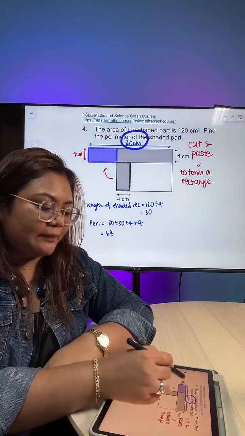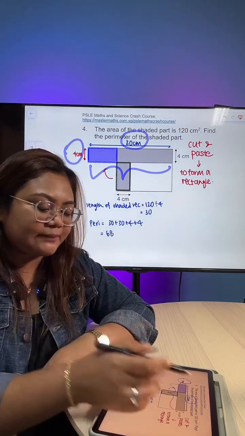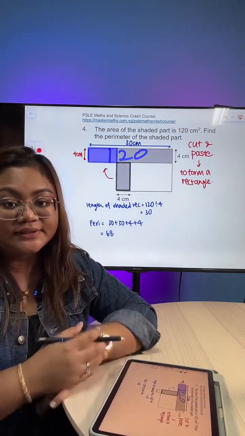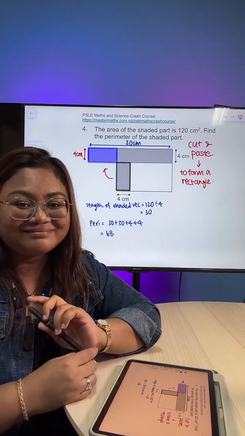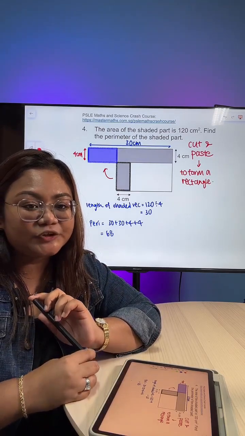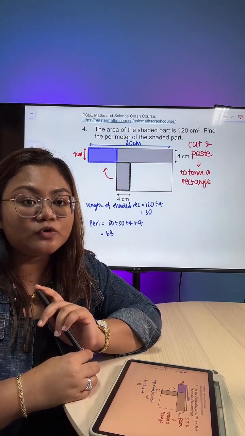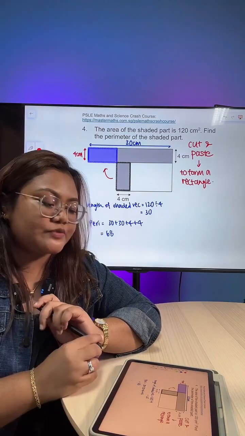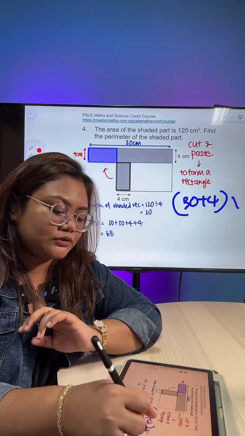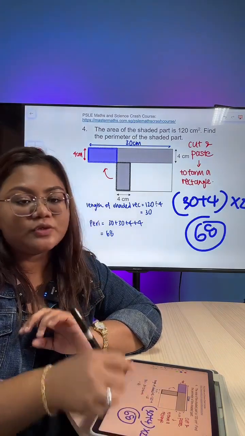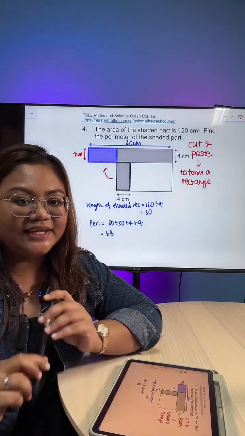Okay, so 30 times 4 gives us 120 inside. Okay, area is length times breadth, yeah? I can also do 30 plus 4 times 2. 30 plus 4, 34 times 2 gives us 68. Also can, no issues. Okay?